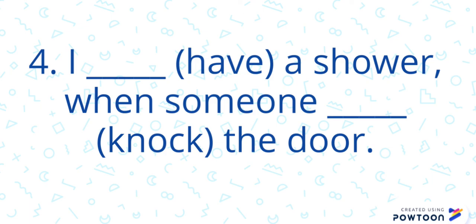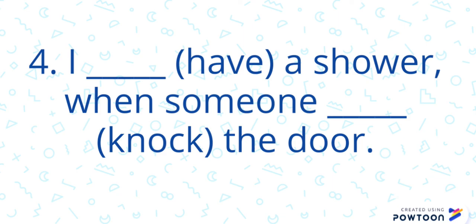The shower. So the action that is interrupted is going to be in past continuous. And the action that interrupts, la acción que interrumpe, ¿en qué tiempo va? Past simple. Very good. So now you have everything. Go ahead. How is this exercise?